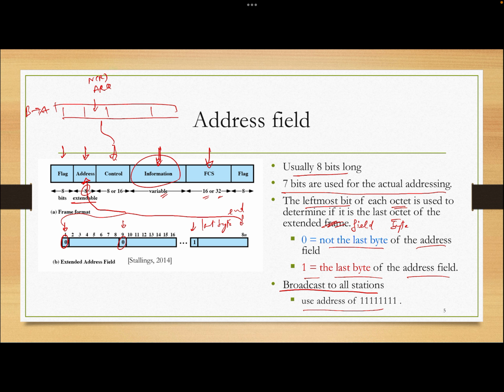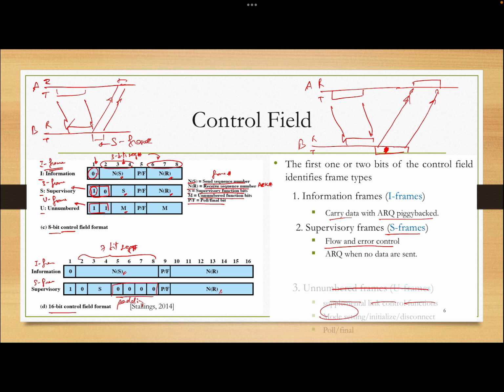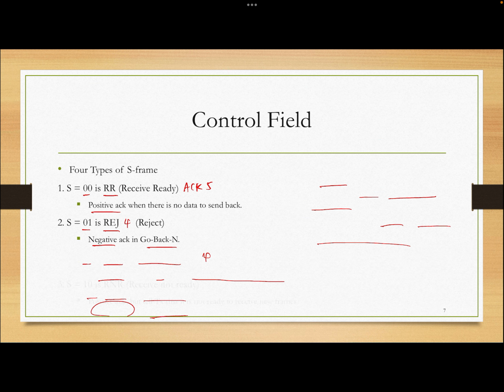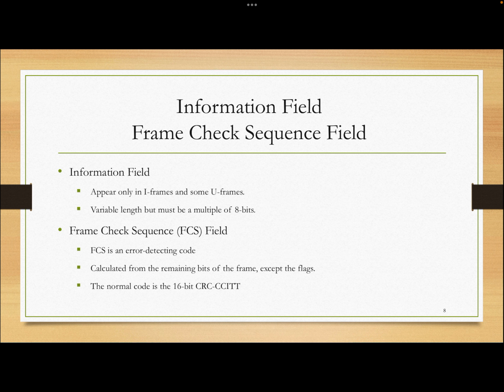Okay, these are the parity bits for the error detection code. So the information field we apply only in I-frame, and maybe some U-frame which we are not focused on. Variable length, okay, but must be a multiple of 8 bits, must be a multiple of bytes, okay.